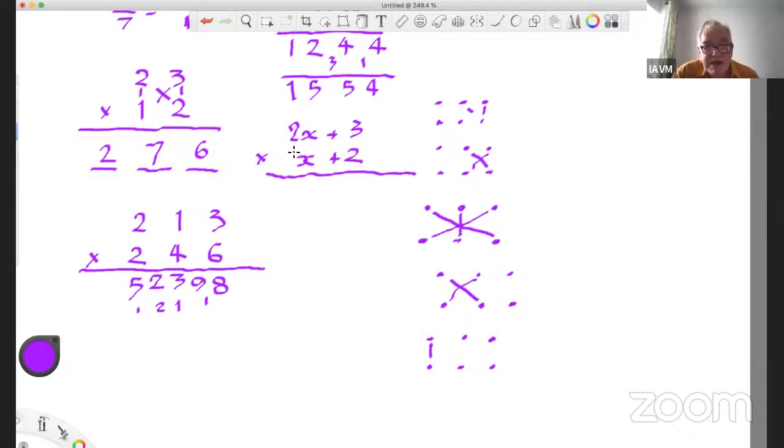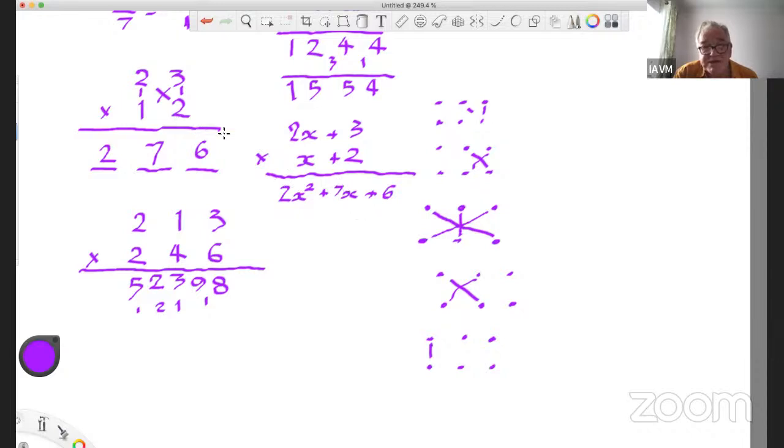And applying exactly the same pattern of workings, 2x times x is 2x squared. And we have 2 times 2x is 4x, 3 times x is 3x, add 4x, add 3x is 7x. And then 3 times 2 is 6.